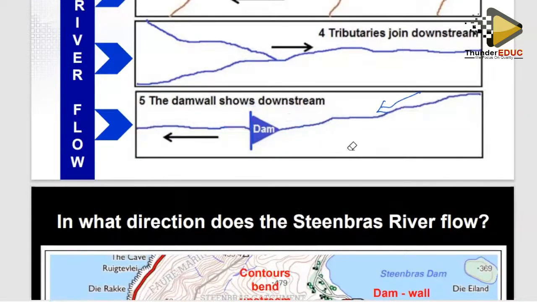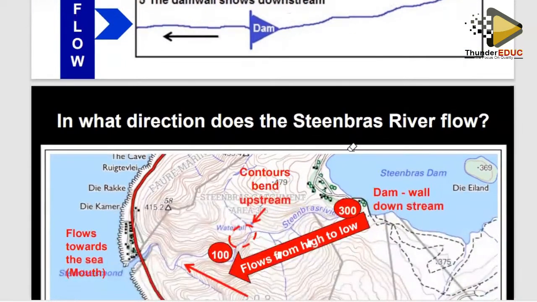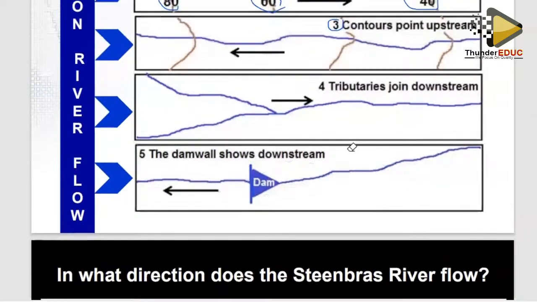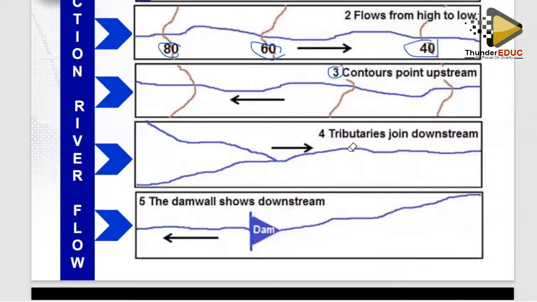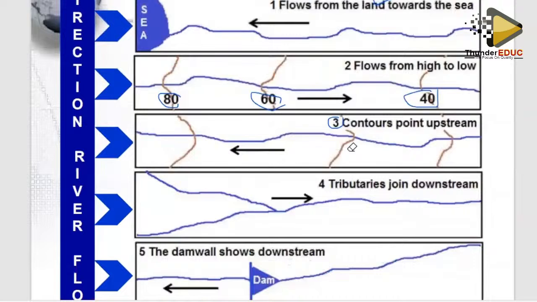That is how we determine river flow direction. We make use of those indications and try to justify the direction of flow of the river using those clues indicated.